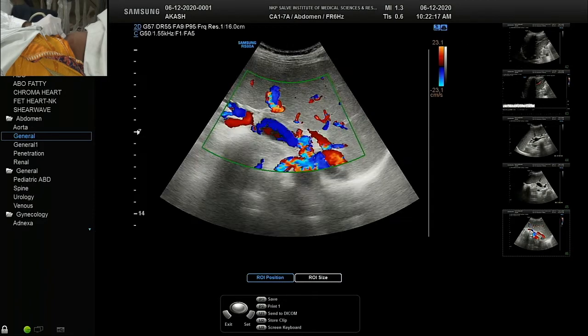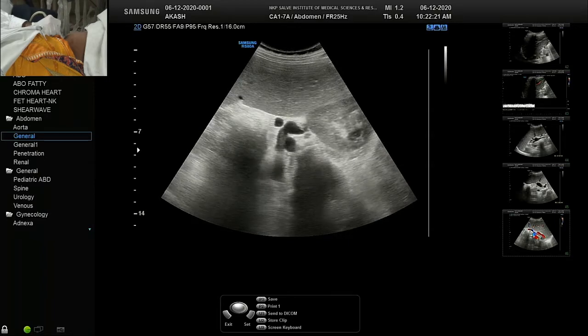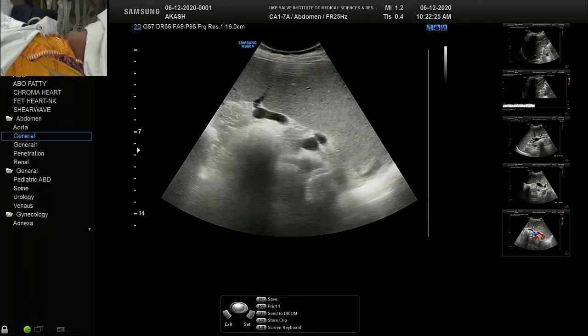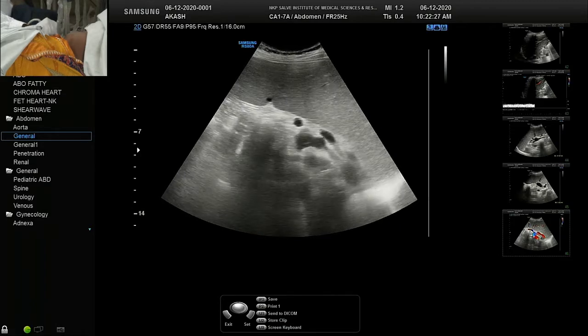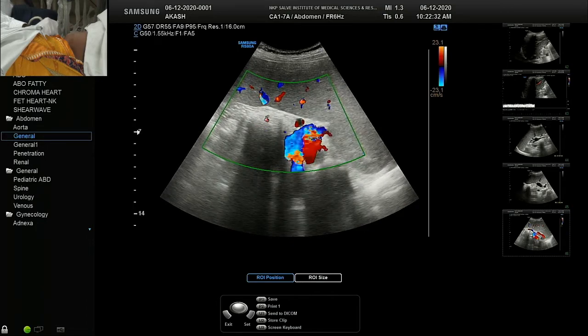I'll just check whether there are lienorenal collaterals here.